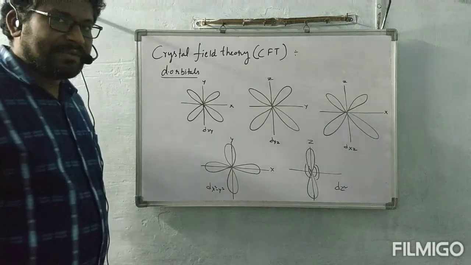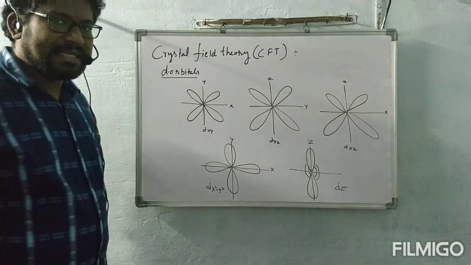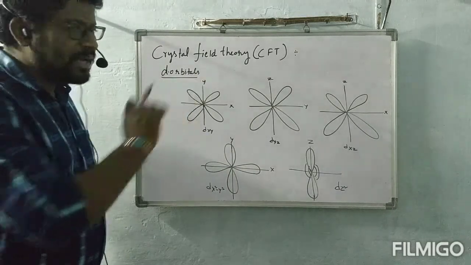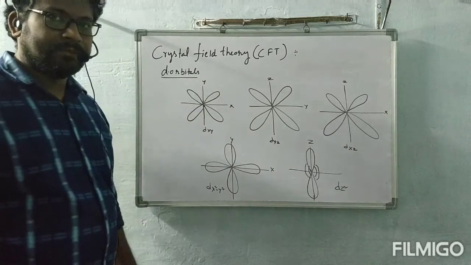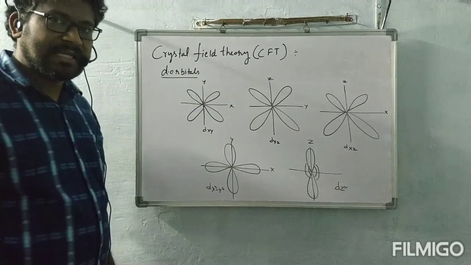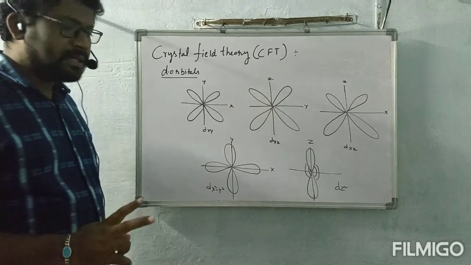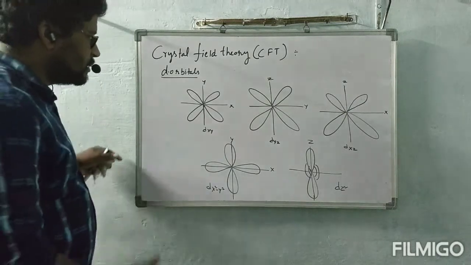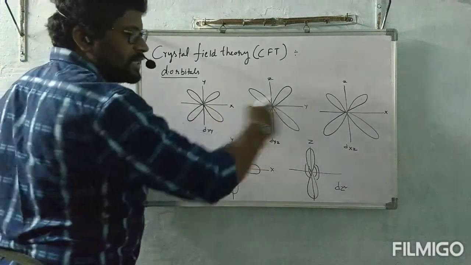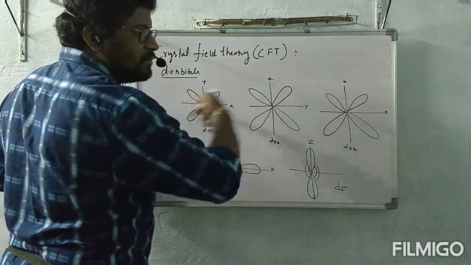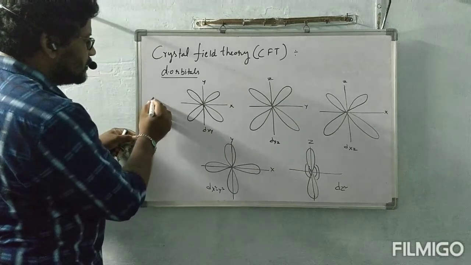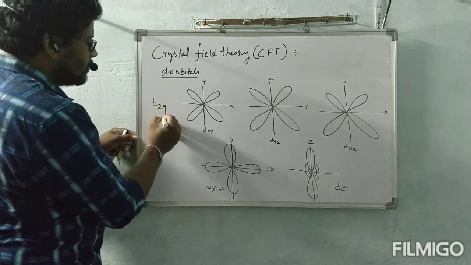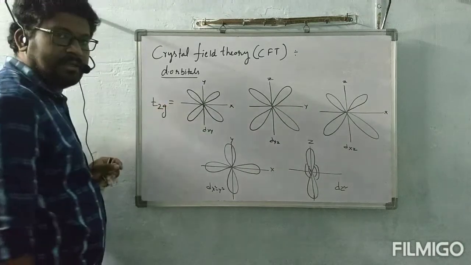That's why scientists classified these 5 d orbitals into 2 sets. One set contains these 3 orbitals, which is called T2G set.